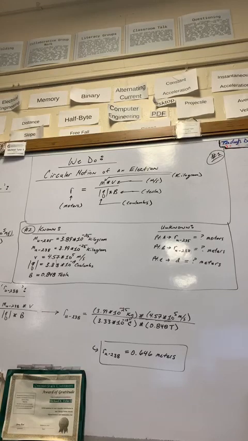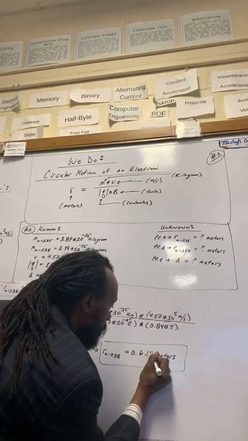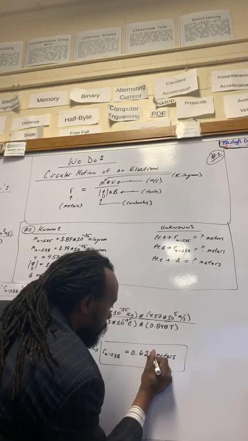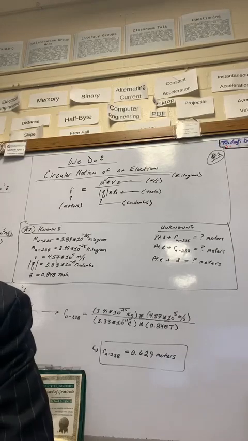Yeah, so the first value is 629, not 646. 629 meters. And this one is 646.